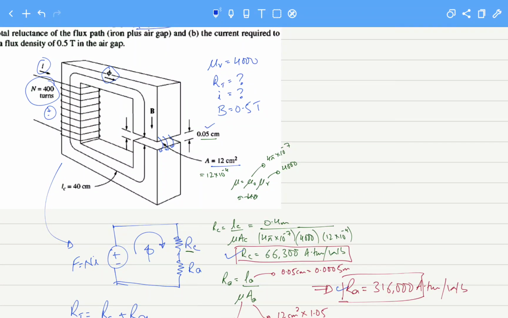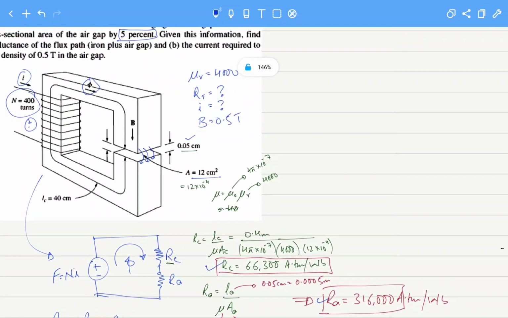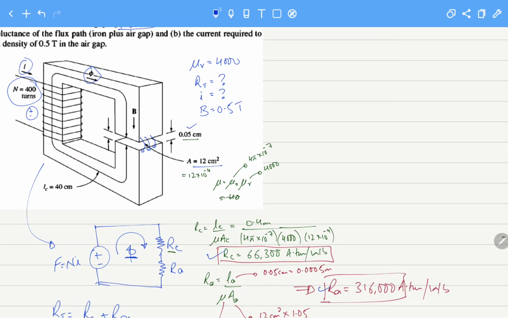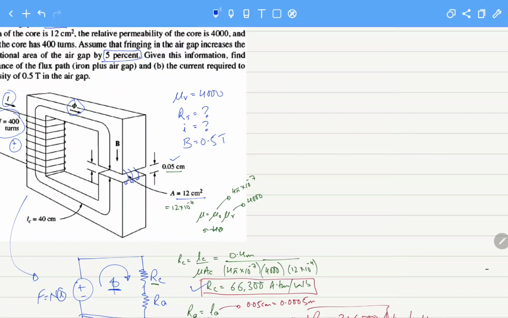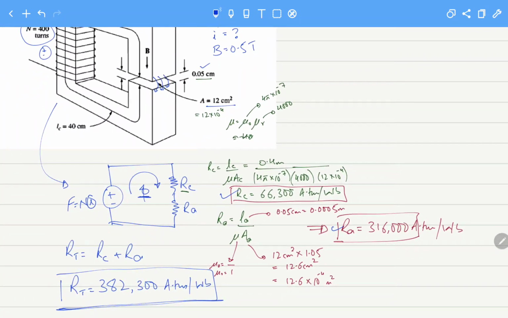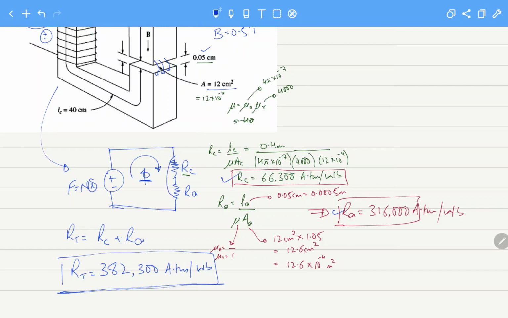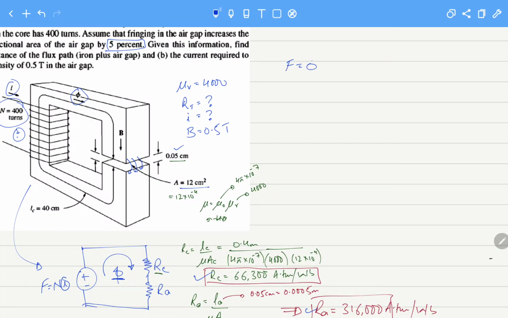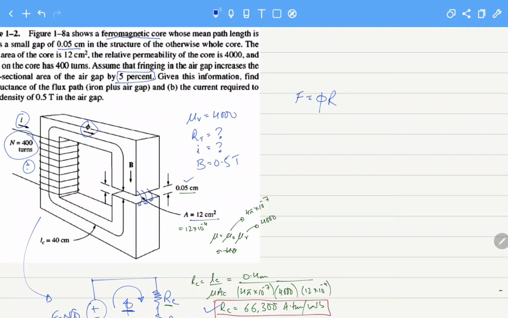Now they are asking for the current also. So let's look at a few basic equations. We have not calculated the total flux, we have calculated the total reluctance, and now we have to calculate the total current. The basic equation we know for MMF is F equals phi R, where R is the total reluctance.